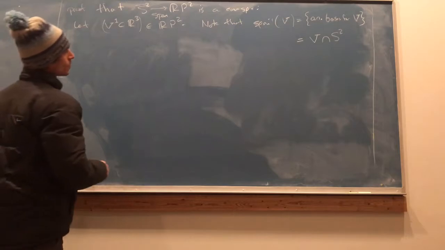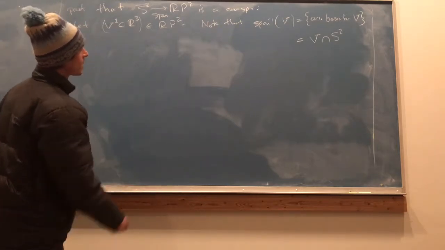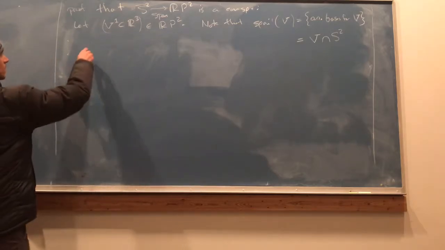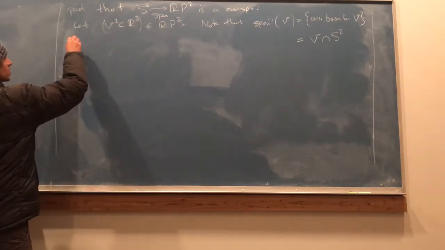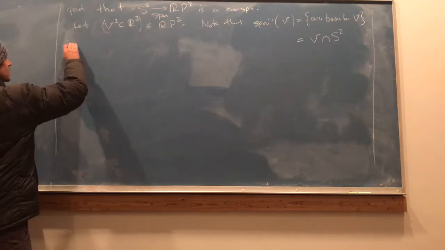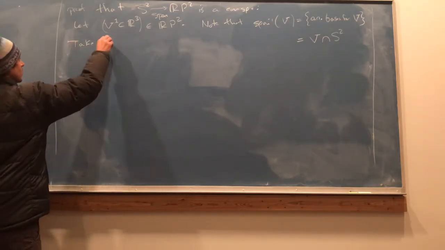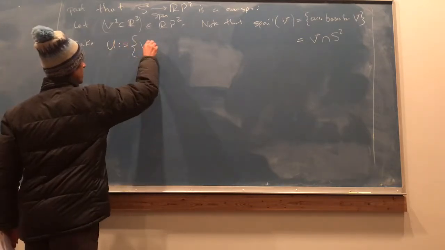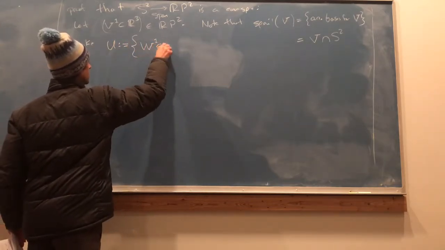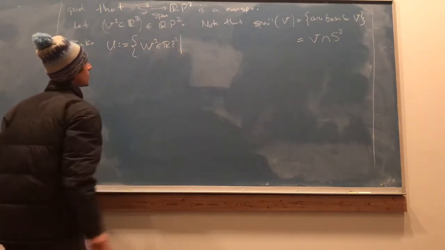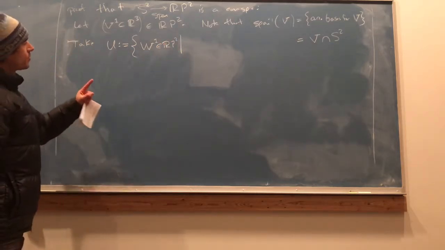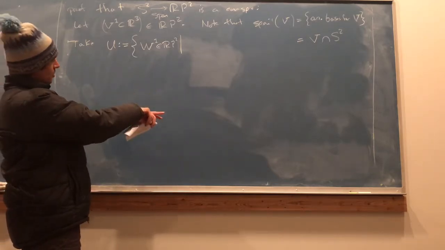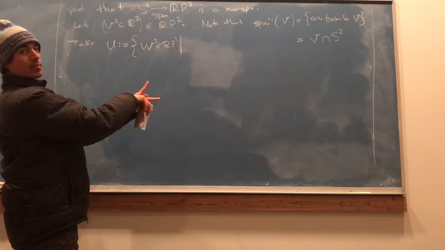So to satisfy the definition of covering space, we should produce an open neighborhood of RP2 about this. So here's one. Take U to be the set of all other one-dimensional subvector spaces that are close to V. So maybe those that when you orthogonally project them onto V, it's an isomorphism.